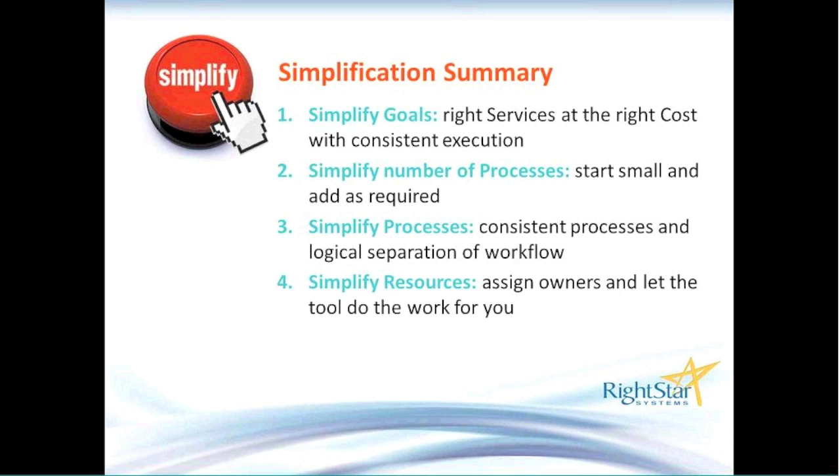I suggested 4 right off the bat, and then add others as required or as you have resources to implement them. Number 3, simplify those processes, create consistent processes, and create processes that have a logical separation of workflow. So that's probably the big thing here, is separating the workflow of those processes.